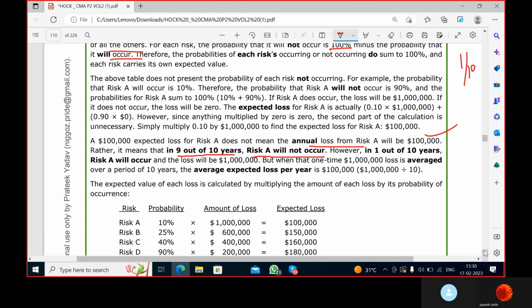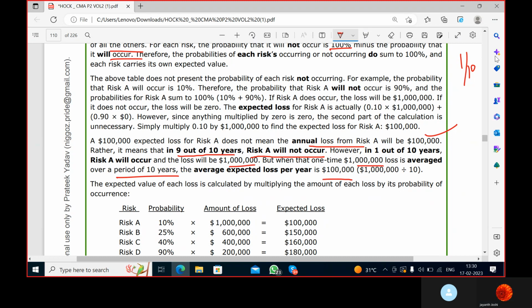Now, the loss will be something like 10 lakhs. But when that one-time 10 lakh loss is averaged over a period of 10 years, the average expected loss per year is 1 lakh.